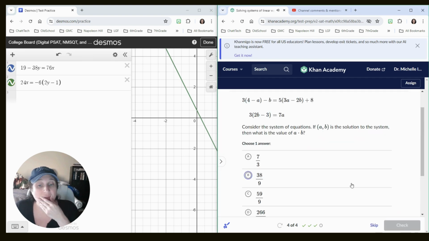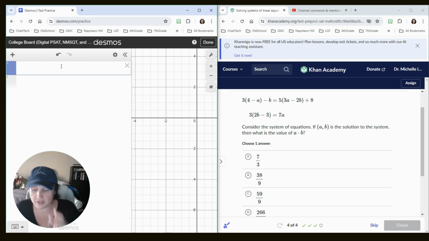Okay. Now it wants us to multiply. I'm so glad we got these questions. So first of all, we don't want to deal with the sliders. I'm still going to type in the A's and B's, but what we're going to do afterwards is change the A's and B's to X's and Y's.